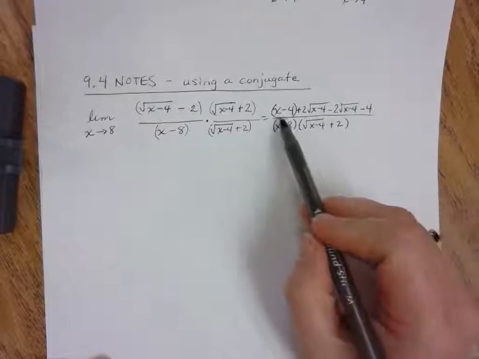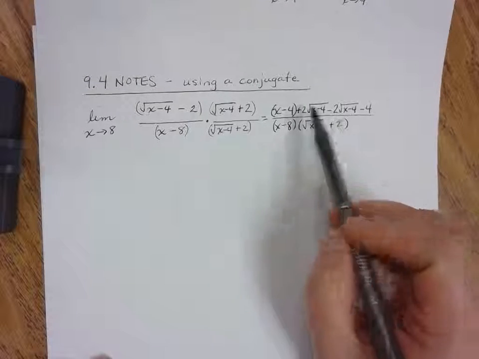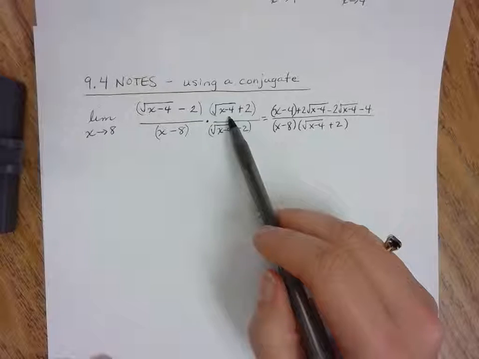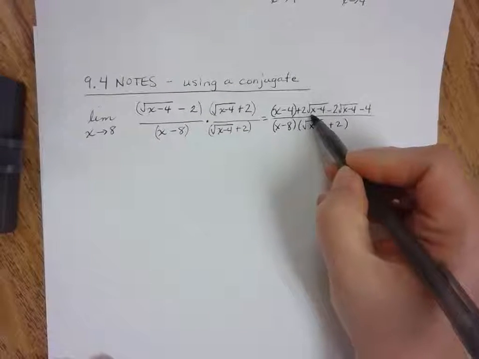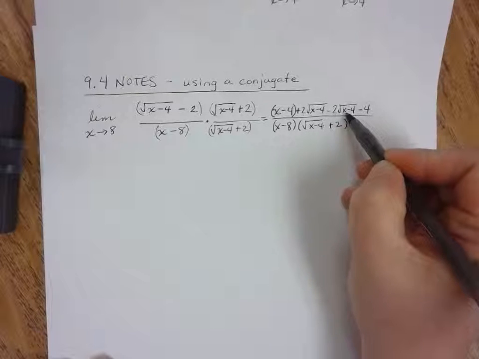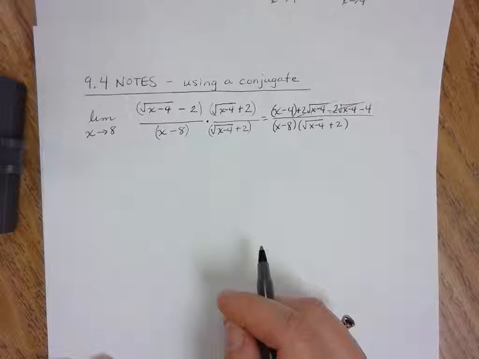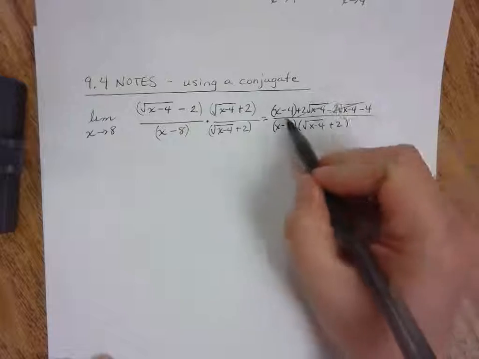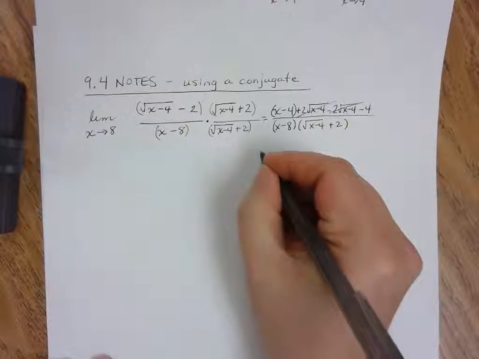So let's simplify the numerator. First off, I notice I've got exactly opposites, which is the purpose of using conjugates to begin with, that are going to cancel out. So positive 2 square root of x minus 4 and negative 2 square root of x minus 4 cancels. Now I'm going to simplify what I've got in the numerator.